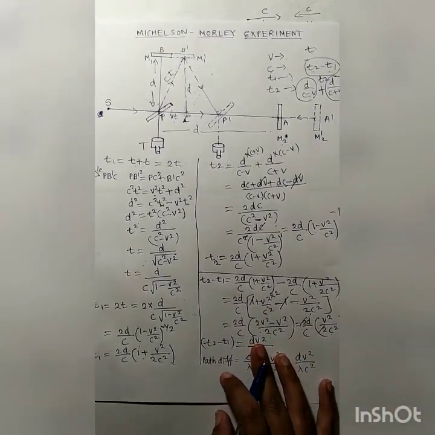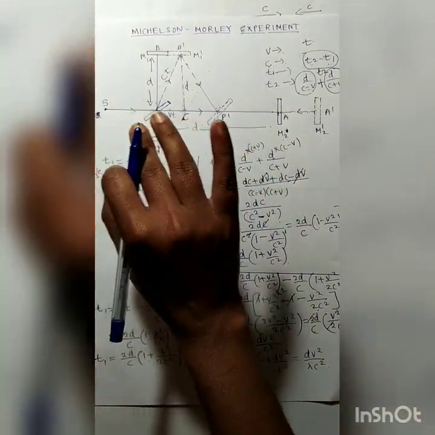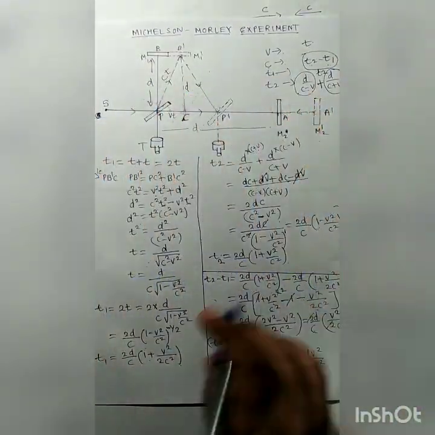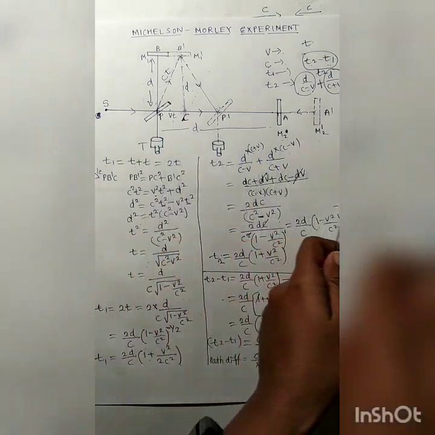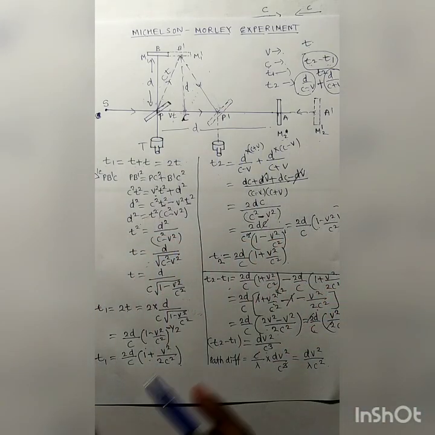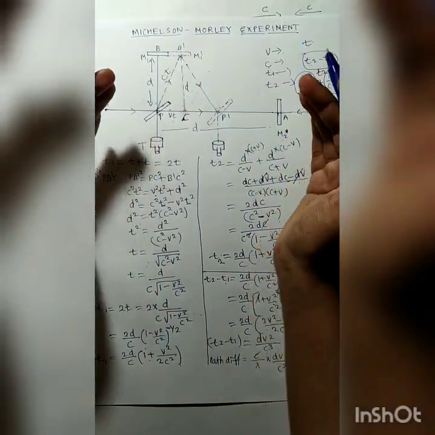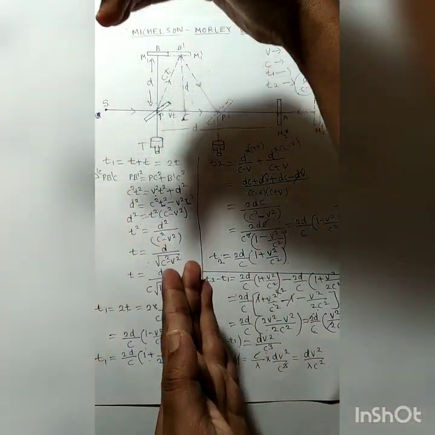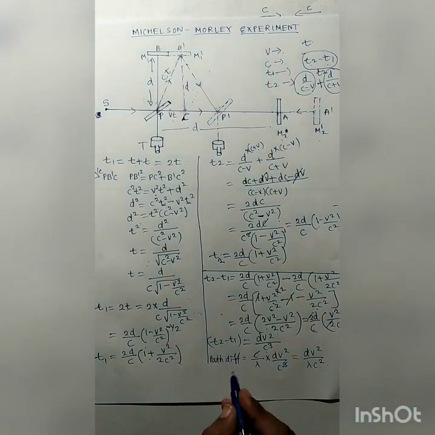This is the case when the setup is moving along the positive direction of the x-axis. Like this, the setup is moving. But if you turn the same setup through a 90-degree angle, then also we can find the path difference.